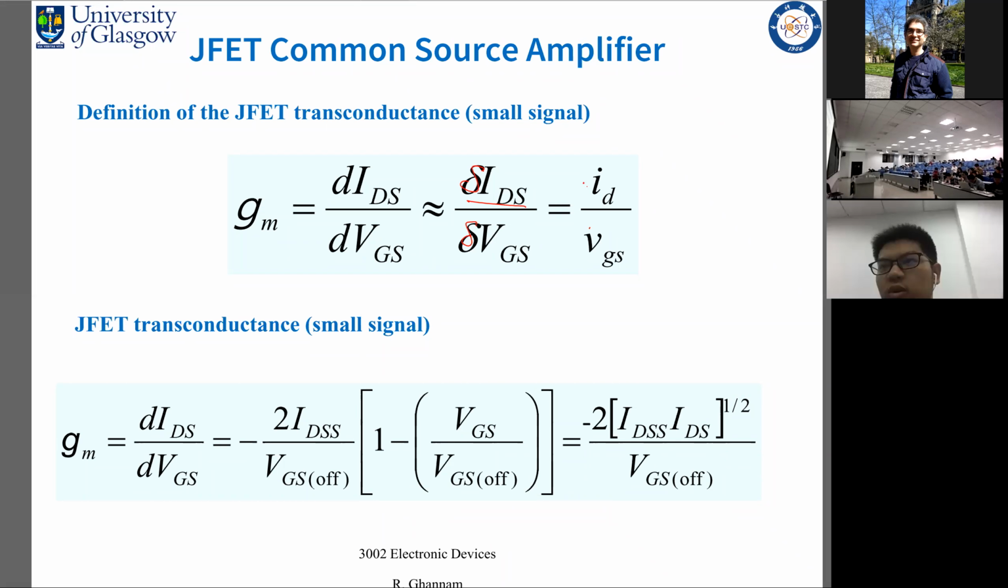Since we already know what IDS and VDS are, we can substitute and differentiate. So gm is equal to minus 2 times IDSS multiplied by IDS all to the power of half over VGS off. This is our small signal transconductance.